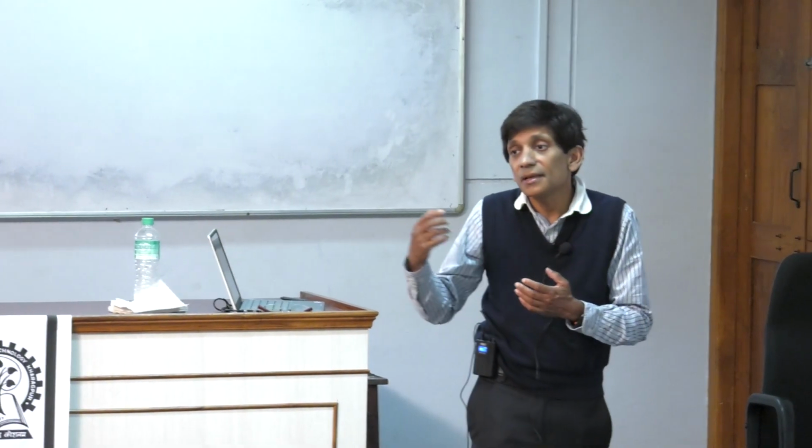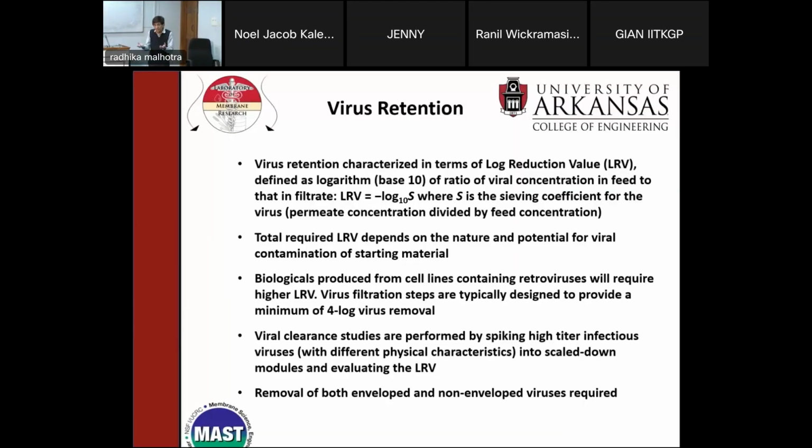Because if you get host cell proteins, host cell DNA from the cells, because you've got to grow the virus, right? So from those cells, if they come and foul the membrane, then that is not representative of the manufacturing process, because this would not be in the manufacturing process. So you will get results that are not relevant. So it's very important that your virus titer is very, very pure, and that is a major challenge for these spiking studies. So it's quite a complicated area, okay, when you're doing these.